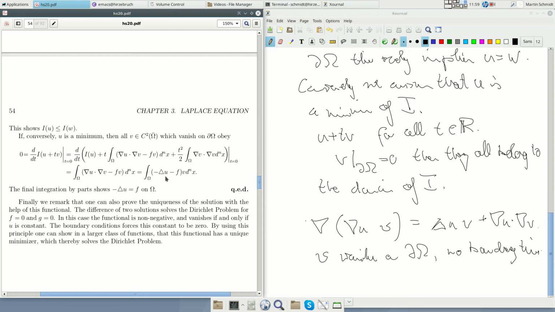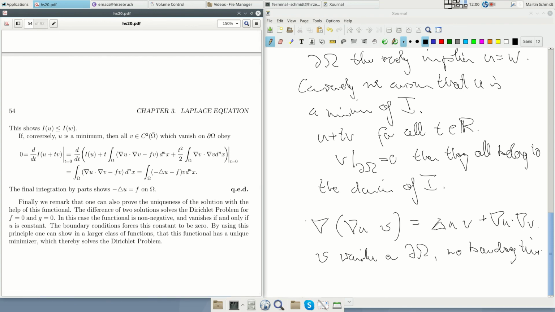And u belongs to the domain, so it completely solves the Dirichlet problem. This shows the reverse. We also get uniqueness. And this Dirichlet principle can be used to construct the solutions.